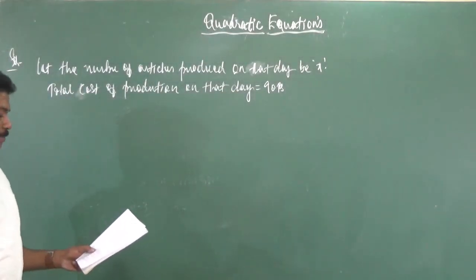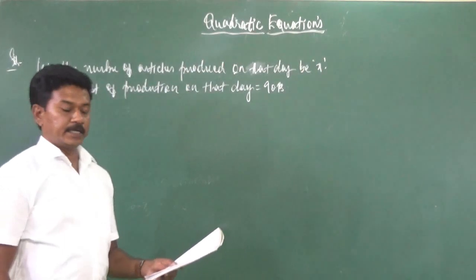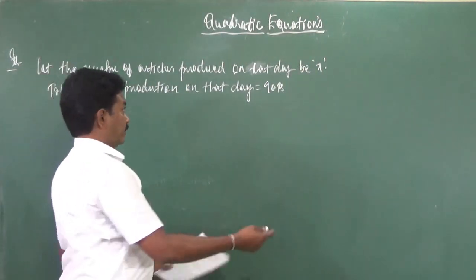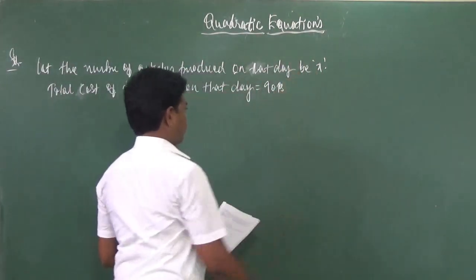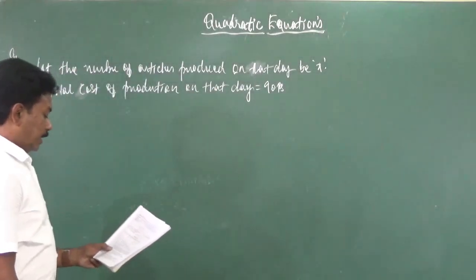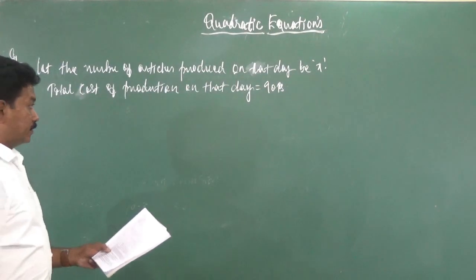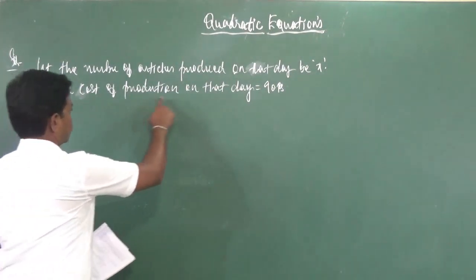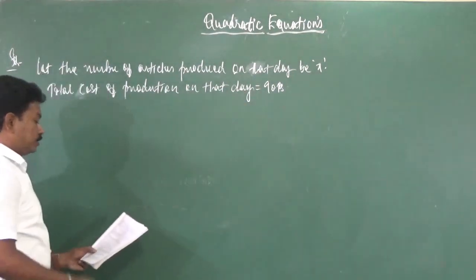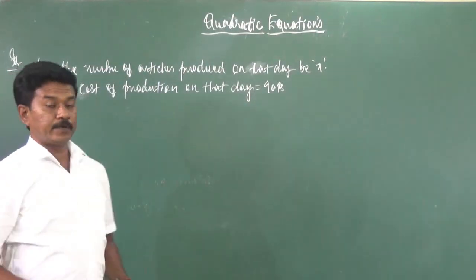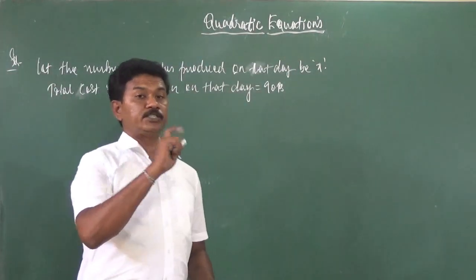The cottage industry produces a certain number of pottery articles in a day. So we have guessed that as, let the number of pottery articles be x. And come to the last statement: if the total cost of production on that day was rupees 90. Using these two, we can easily find the cost of production of each article.